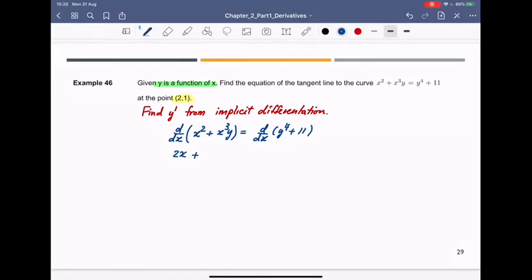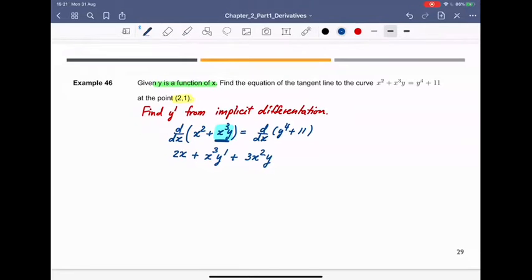Differentiate x cubed times y. Here the mistakes start; students usually make mistakes here. x cubed times y is a product, because you have x cubed and y, which is a function of x. So you have to use the product rule. To differentiate x cubed times y, I get x cubed times y prime, plus 3x squared times y.